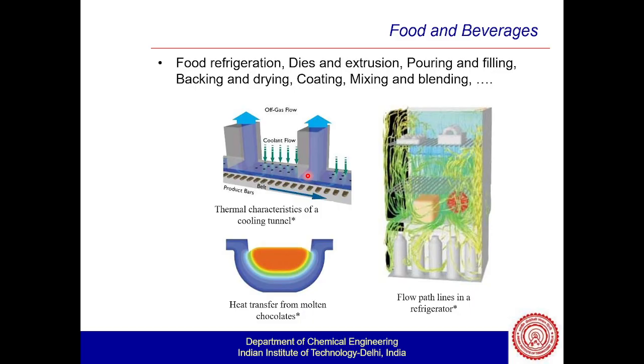And this one is basically the flow path lines in a refrigerator. So how the flow lines change alongside the refrigerator. Foods are kept here, then the cool air comes inside and cools the whole thing inside a refrigerator. How it changes with the spatial location is an important thing. Otherwise, you don't know whether your refrigerator is efficient or not.